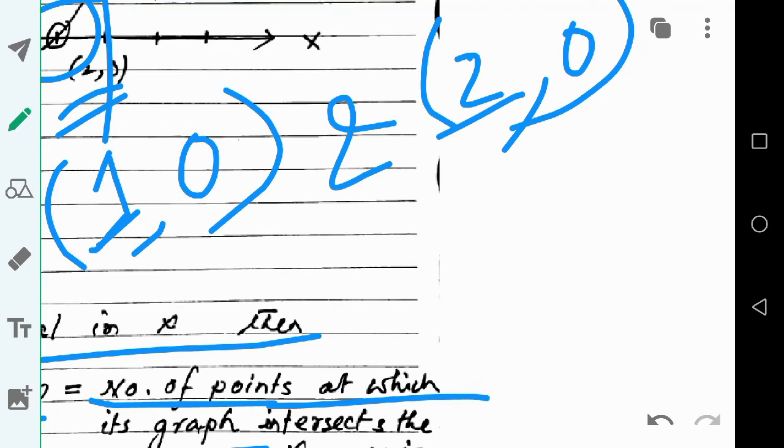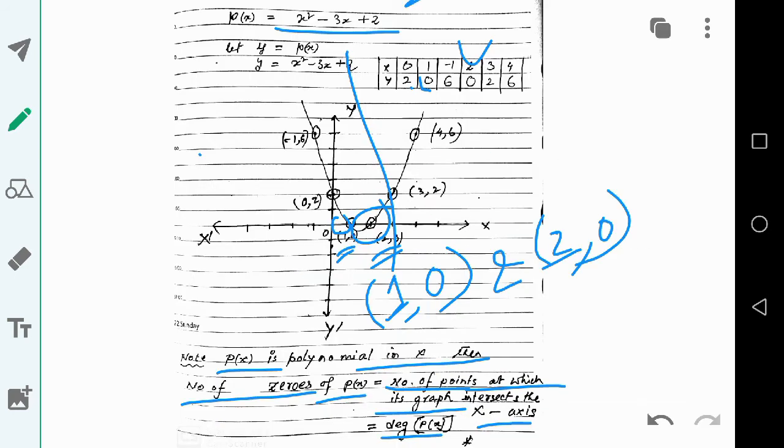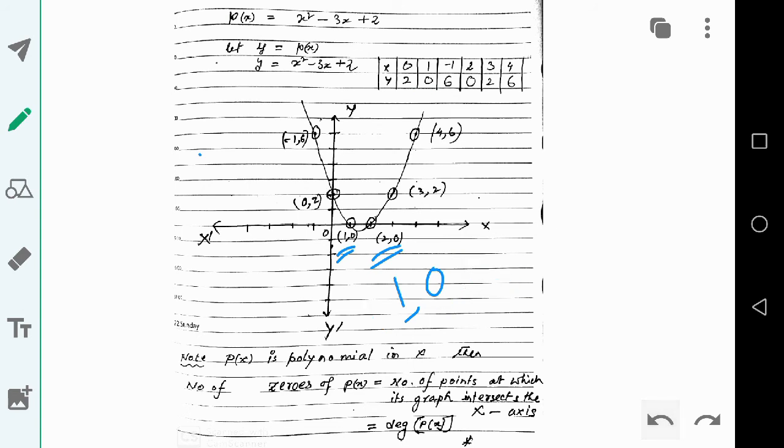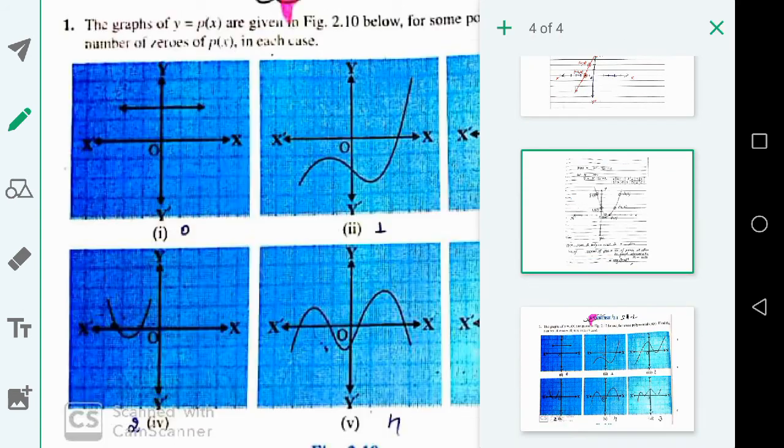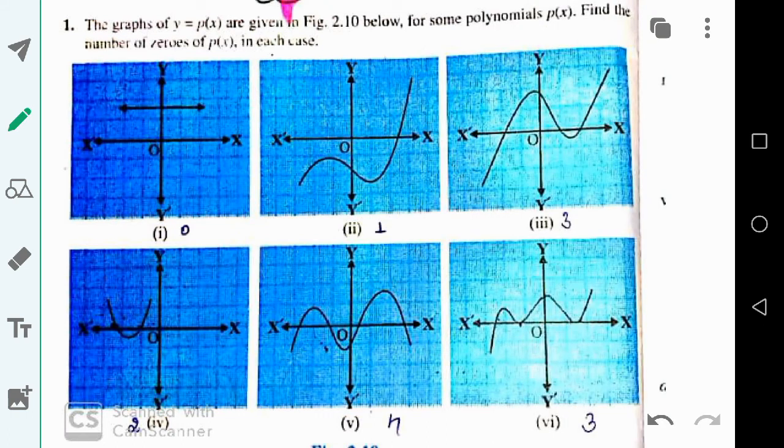On the basis of this concept we are going to solve the problems of the first exercise. Let me show you how to solve them. This is the first question of exercise 2.1. The graph of y is equal to p(x), a polynomial p(x), is given here.